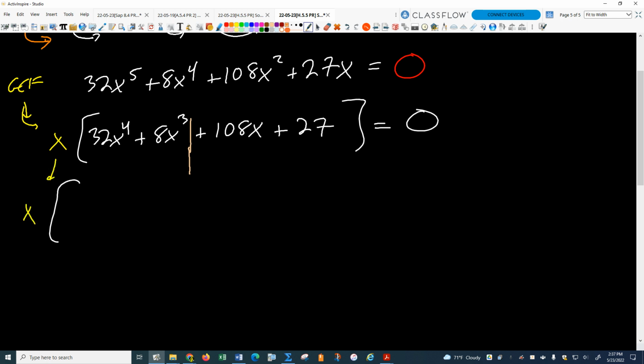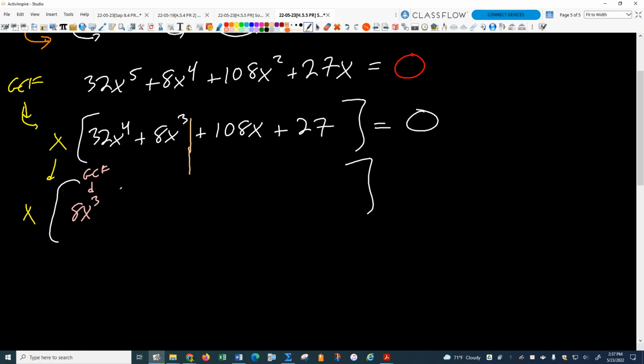And then inside my brackets, in group 1, what do I do in group 1? I'm going to take out my GCF from the first group, which is an 8x cubed.